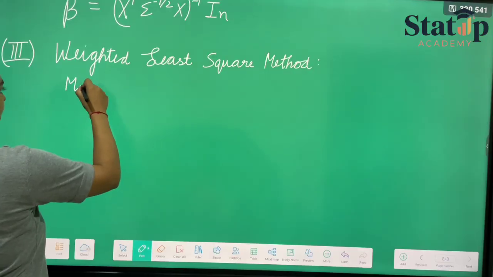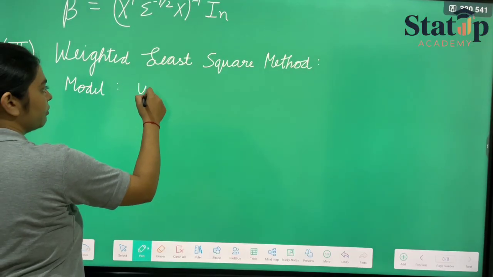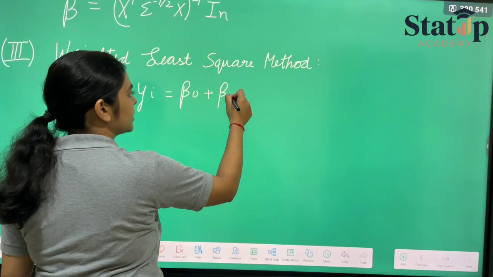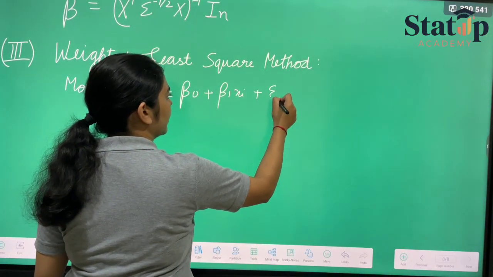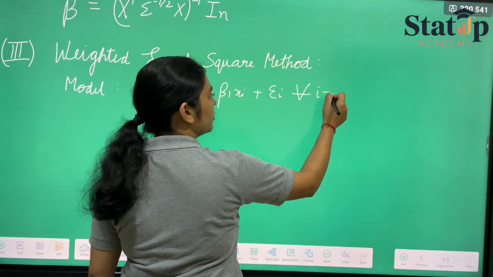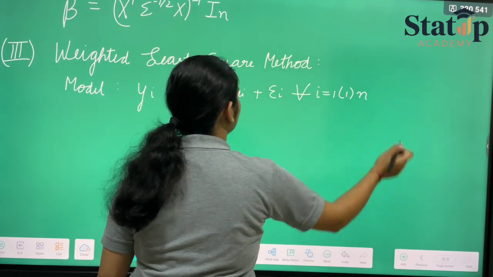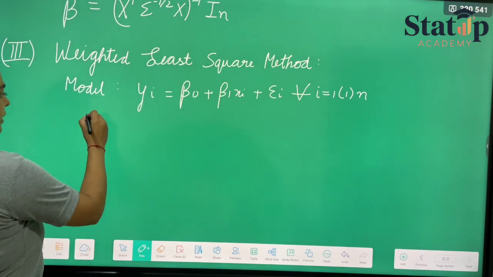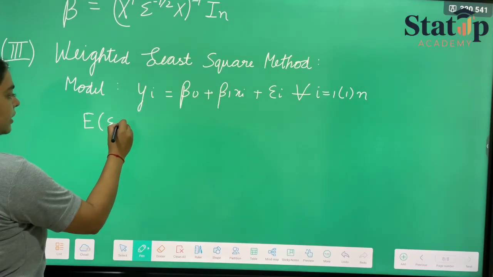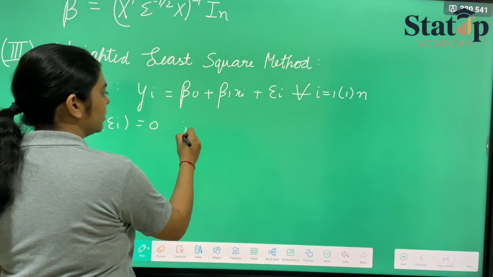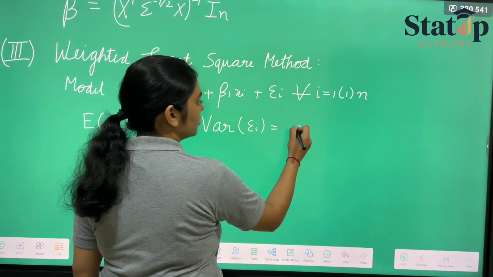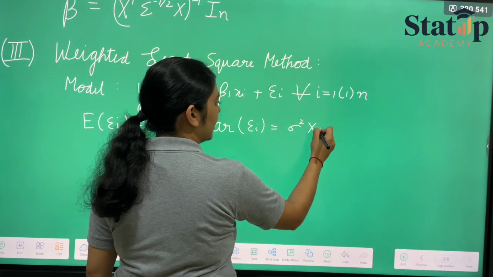Suppose our model is given as yi is equals to beta naught plus beta 1 xi plus epsilon i for all i goes from 1 to n. Now here in the weighted least square method, we will consider expectation of epsilon i is equals to 0 and variance of epsilon i is equals to sigma square xi square.